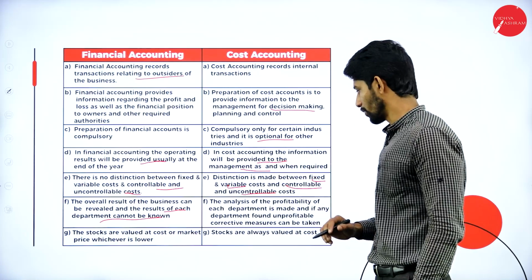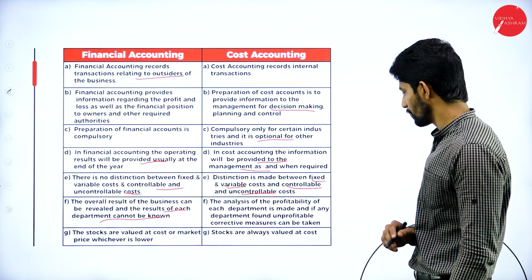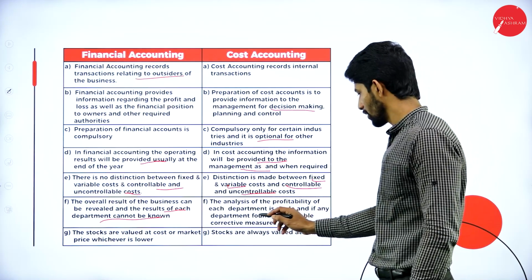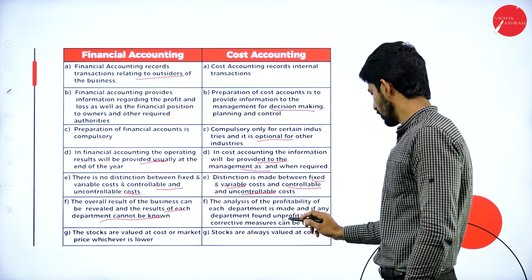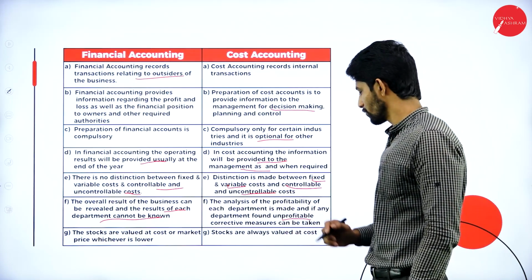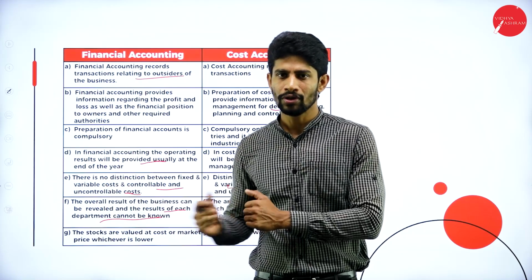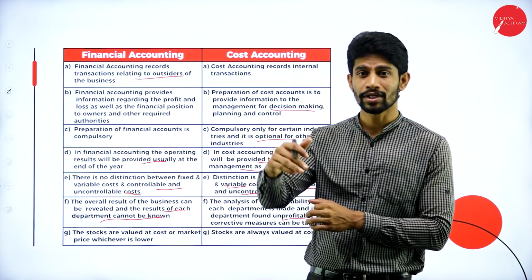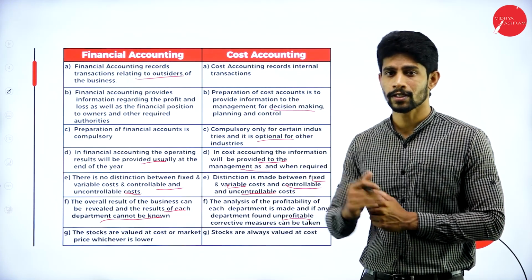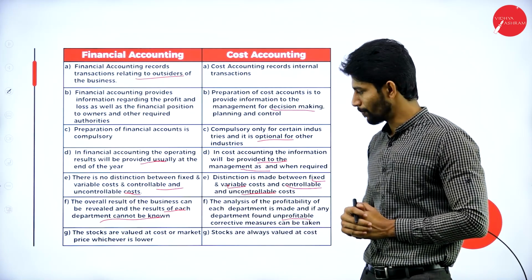But here in cost accounting, the analysis of the profitability of each department is made, and if any department is found unprofitable, corrective measures will be taken. Yes, in financial accounting, you can't get to know about the profitability of each and every department, but in cost accounting, you will get to know the profitability of each and every department.